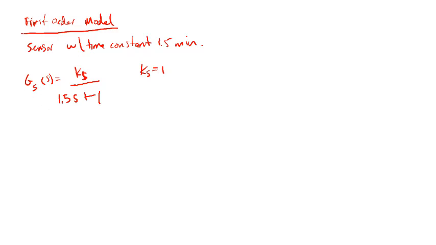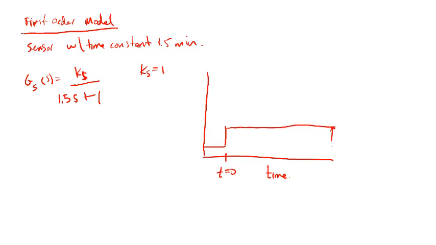Based on this transfer function model, we can now sketch the dynamic response of, for example, temperature. Again, we'll plot time, we'll have t equals 0 right here, and we have a step input change, which we'll just call 3 arbitrary units.